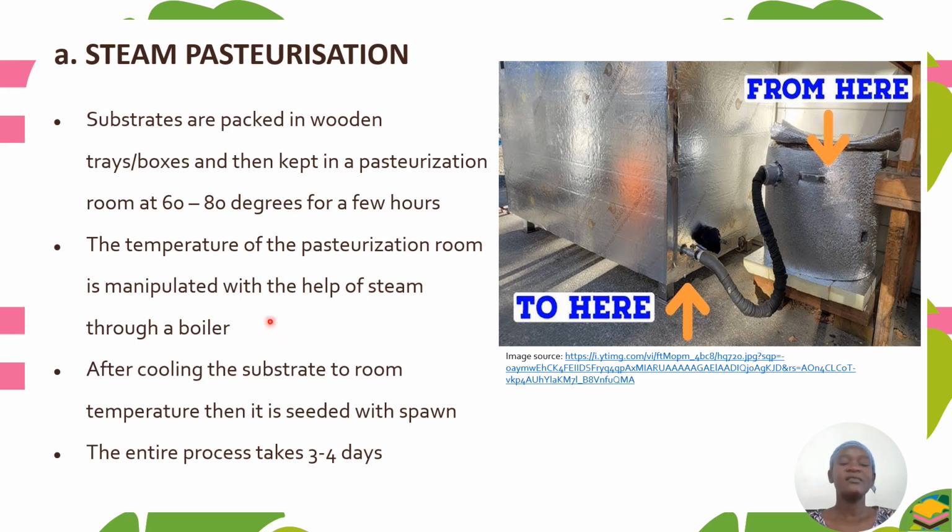Once the substrates are well treated through steam pasteurization, we are sure that most of the germs, most of the microorganisms, are eliminated. Then those substrates are ready for seeding. The entire process can take 3 to 4 days. It will depend on the amount of heat which is produced.